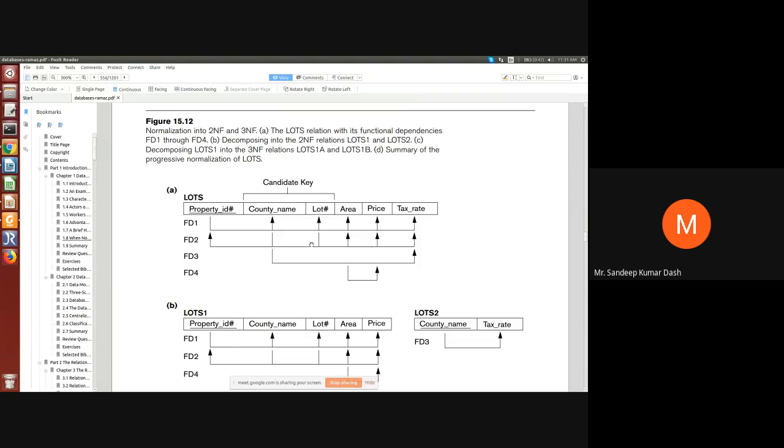Tell me what will be FD1's case, whether that is full functional or partial functional. FD1. Anyone? FD1 will be a full functional dependency or partial functional dependency.